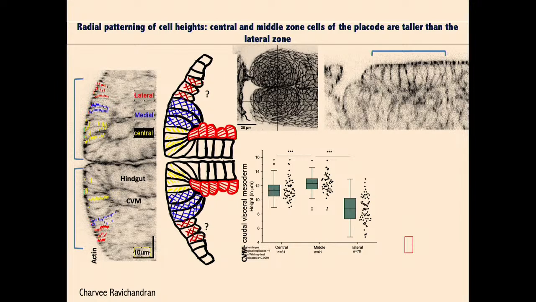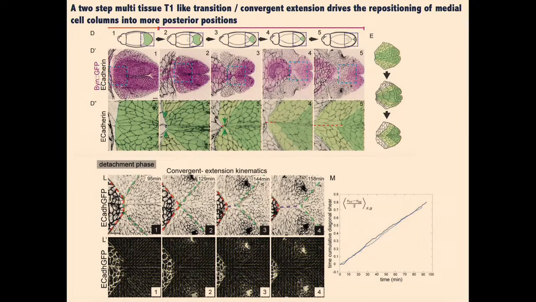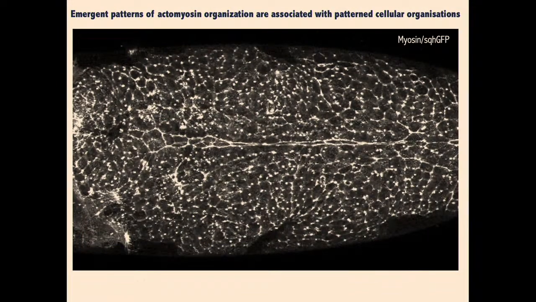And so really our interest has also been to understand how you pattern cells to acquire these three-dimensional shapes. So that led us to ask, how do you pattern these distinct shapes?